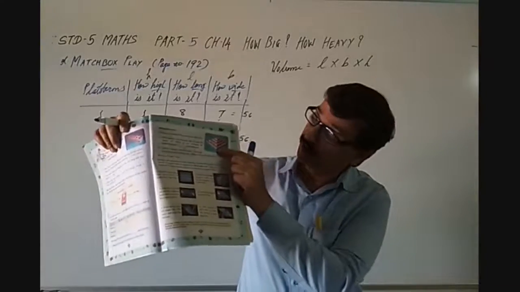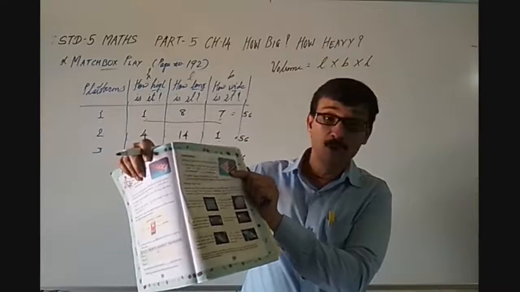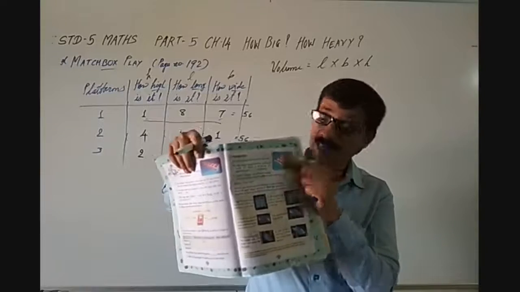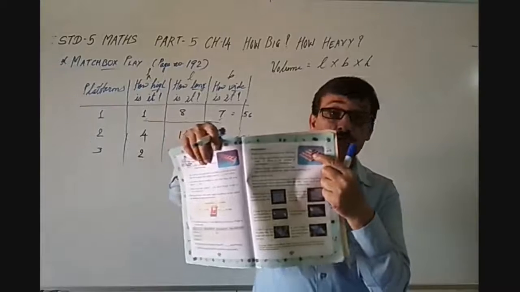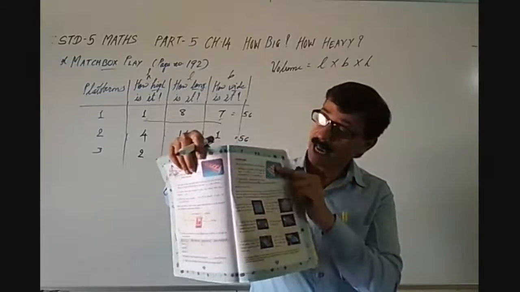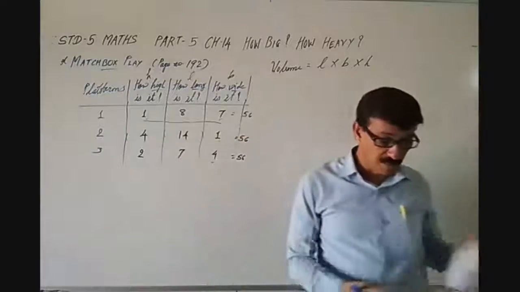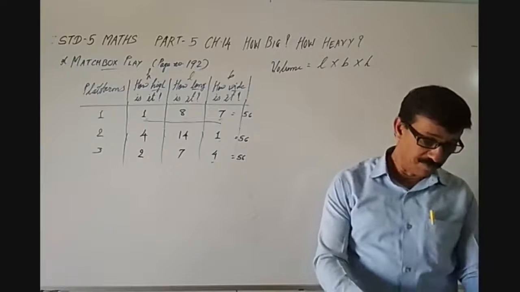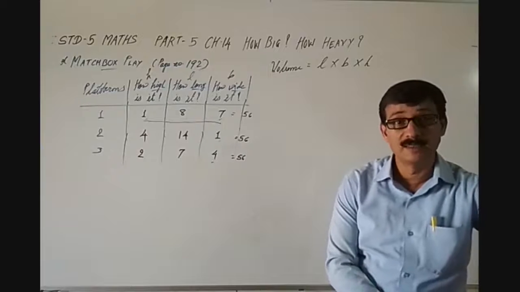There are 4 layers. The first one in which 4 matchboxes length and width wise. Then after second layer in which 3 matchboxes are there. Then after first, second, third layer 2 matchboxes length and width wise, height wise only 1, and on the top only 1 matchbox. So total 4 layers are there, isn't it? So first of all we have to find out volume, isn't it?